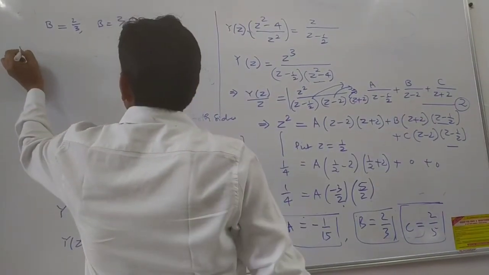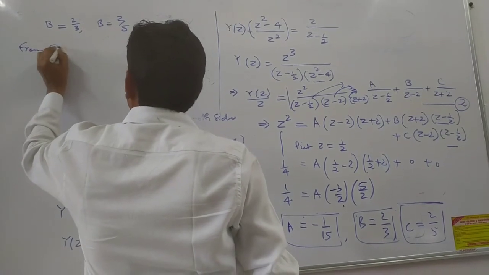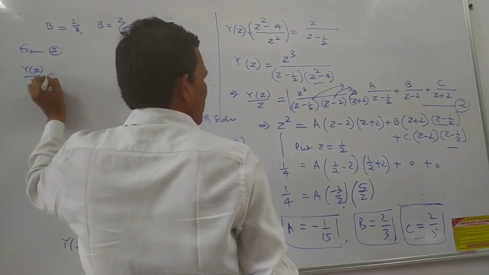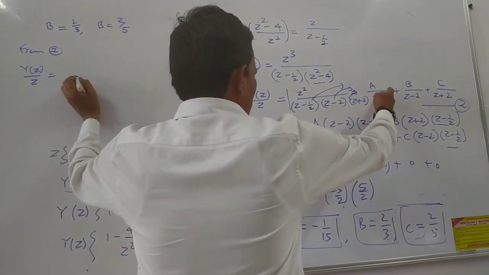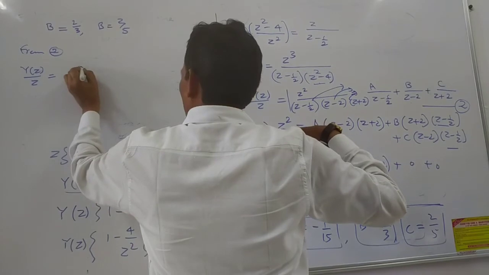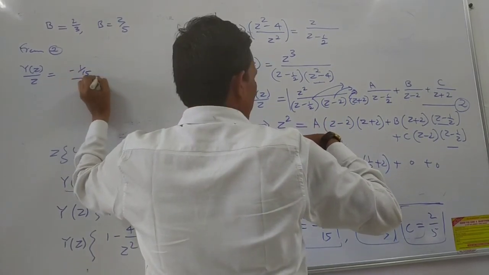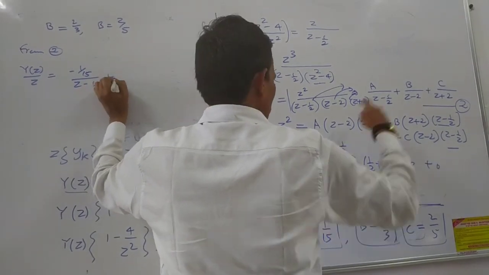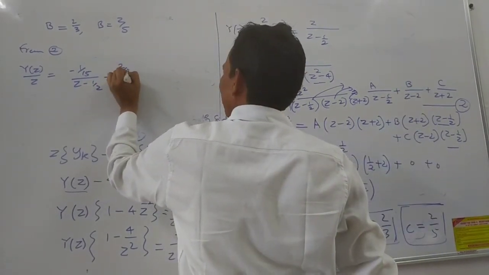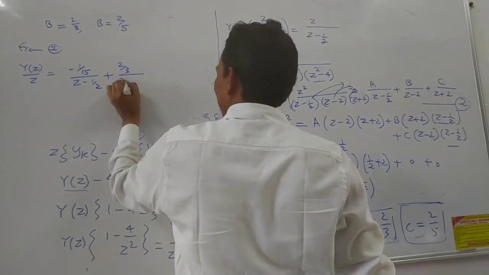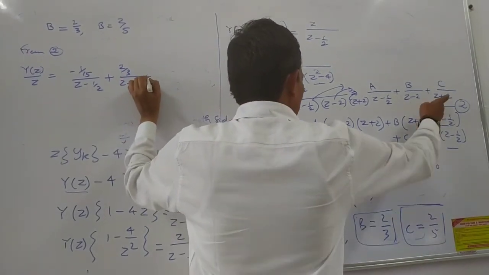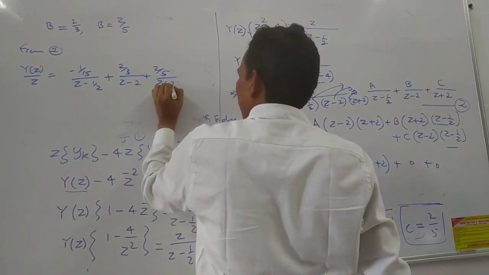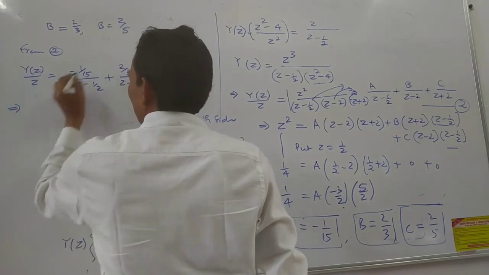So from 2 you are getting this in the form: Yz divided by z is equal to, substituting the values of A, minus 1 by 15 divided by z minus half, plus substituting the value of B, 2 by 3 divided by z minus 2, and plus C, 2 by 5 divided by z plus half. So I just transfer this z on the right hand side.